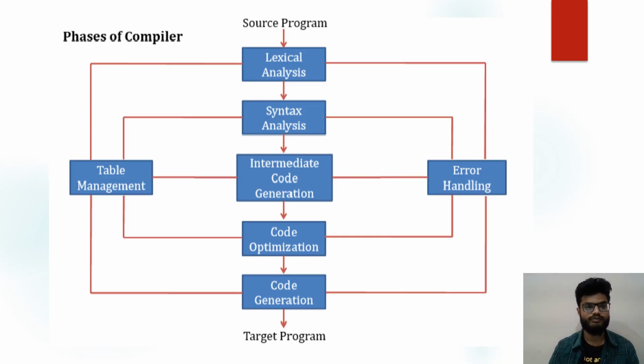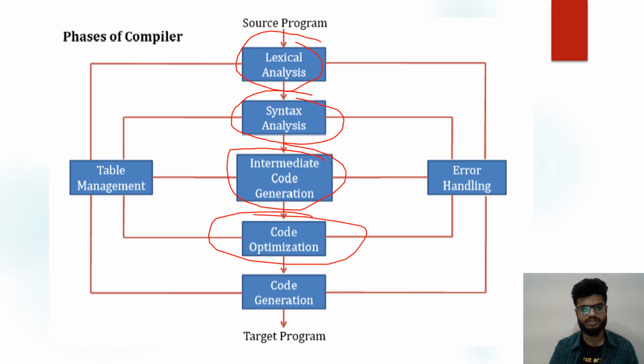So guys, here are the different phases of the compiler. It starts from the source program. Then, as I told, the first phase of compiler design is the lexical analyzer, and then it will go to syntax analysis, our topic of discussion today. Then it will send it to intermediate code generation, then optimization of the code happens, and then the target code will be generated, and the target program is executed by the computer.